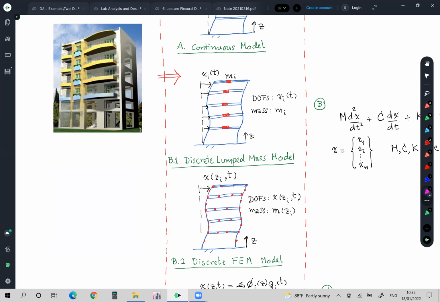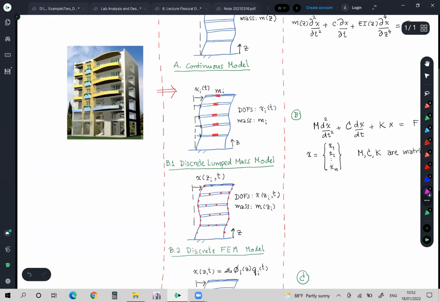With me, we will start with only the physical model B and only 1 degree of freedom. That's what we call, in the first few chapters, the single-degree-of-freedom system.